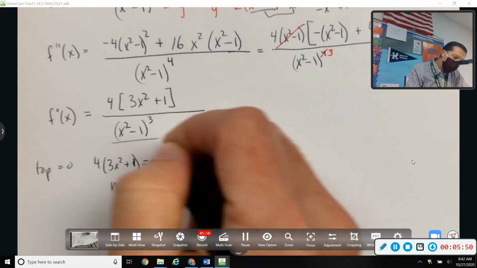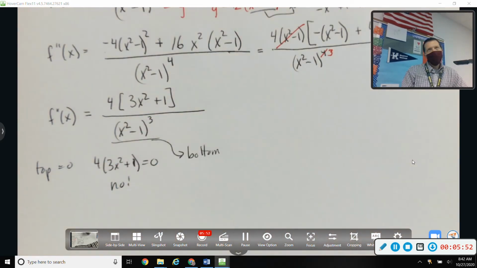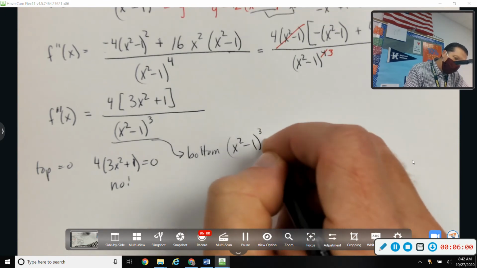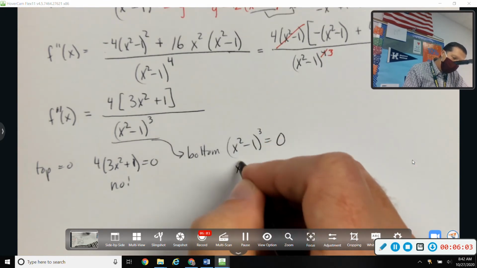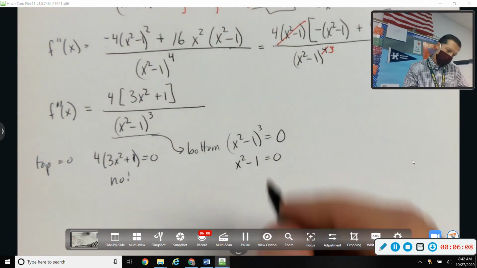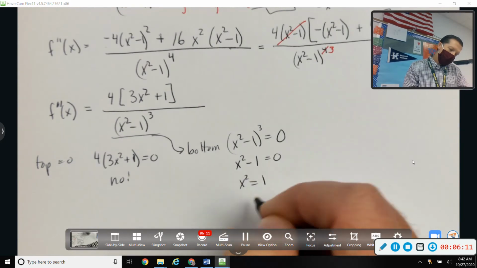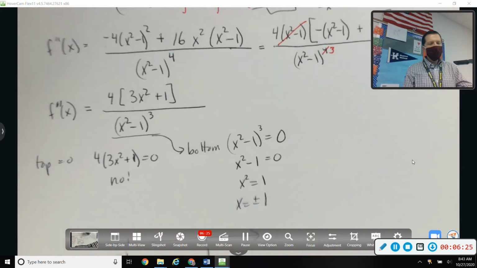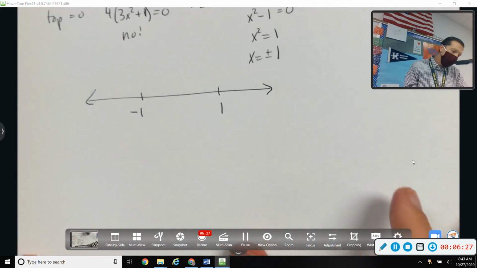The bottom, that would be where it changes, where the second derivative is undefined. X squared minus 1 cubed equals 0. So if I cube root both sides, I'm looking for where x squared minus 1 is 0. So that would be plus or minus 1. My potential breakpoints, I guess. So my number line has -1 and 1 on it.